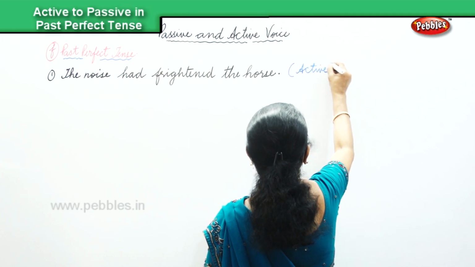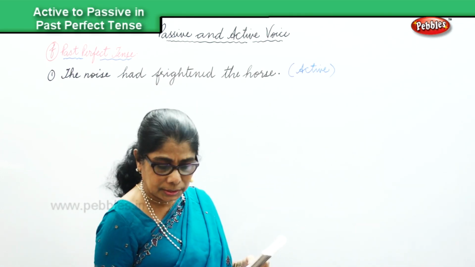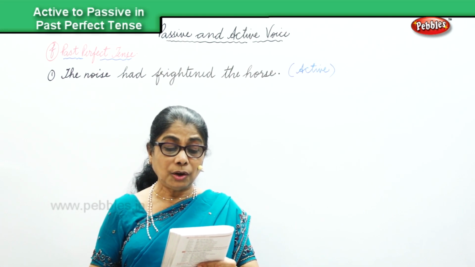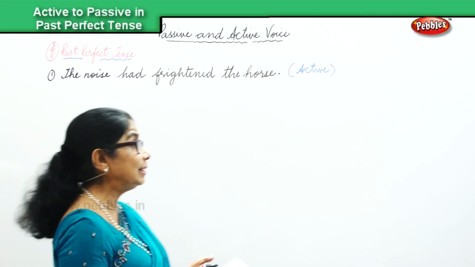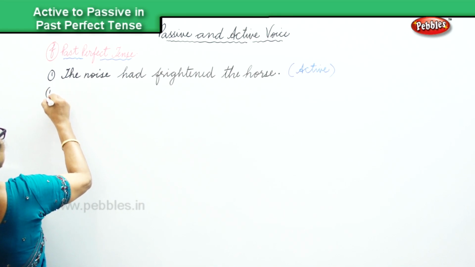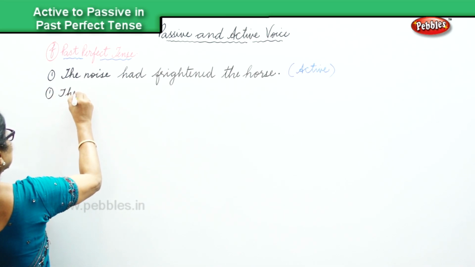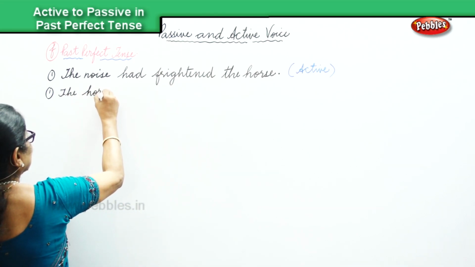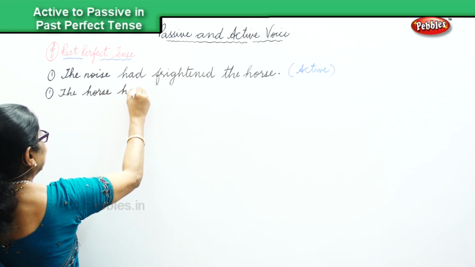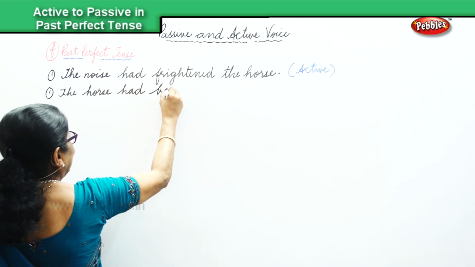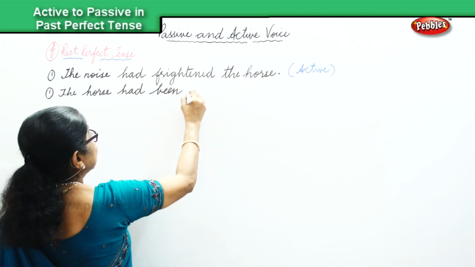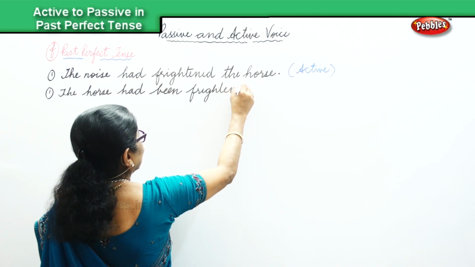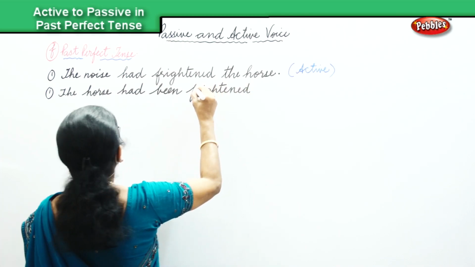And now we're going to change it into passive in the past perfect tense. Now, how will we write that? The horse had been frightened. Very good. The horse had been frightened by the noise.